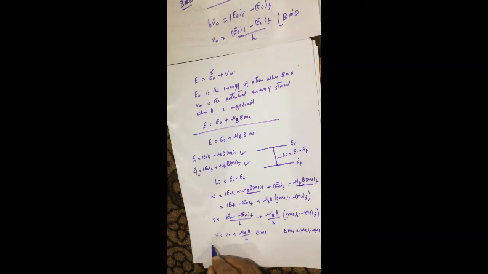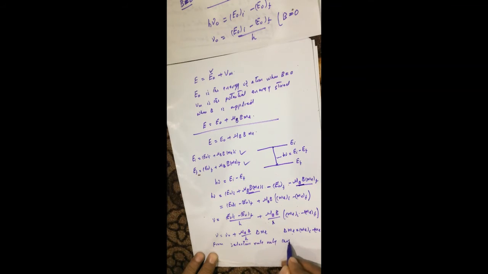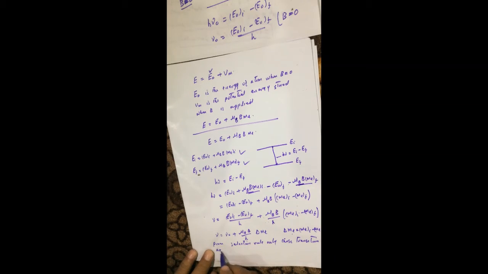I can say that from the selection rule only those transitions are allowed for which delta ML varies like plus or minus 1 or 0.